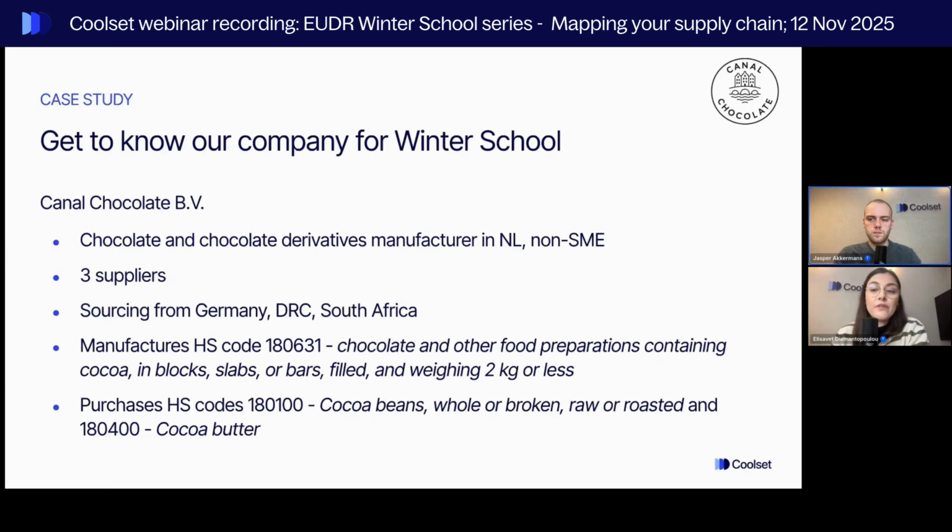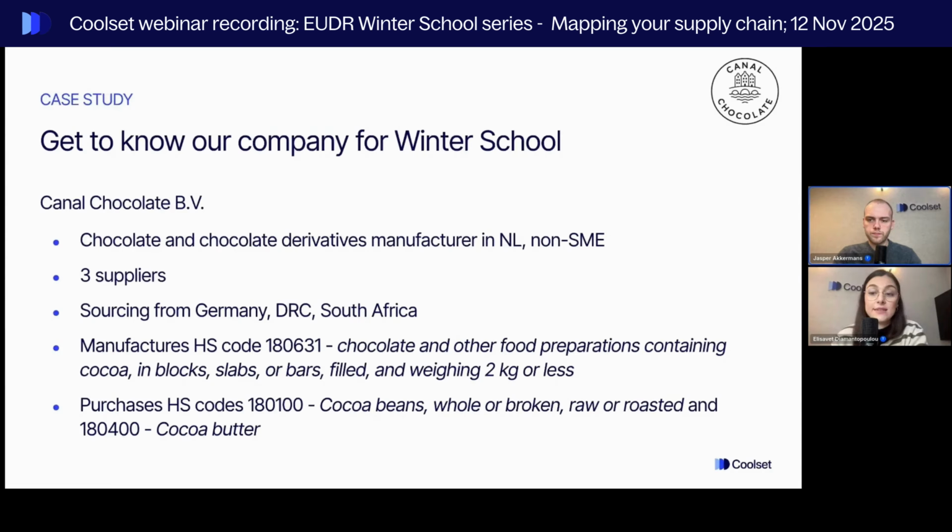So first of all, they found that they manufacture only the HS code 180631, which is chocolate and other food preparations containing cocoa in blocks, slabs, or bars, filled and weighing 2 kilos or less. And they found this by searching the registration of their business activities with the government.